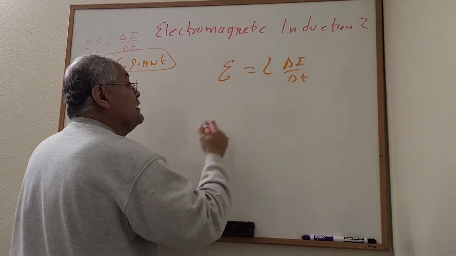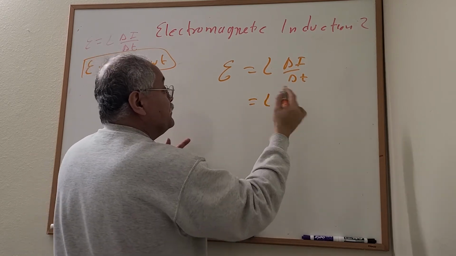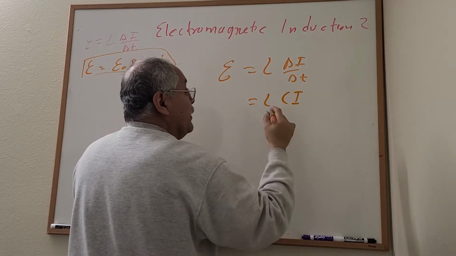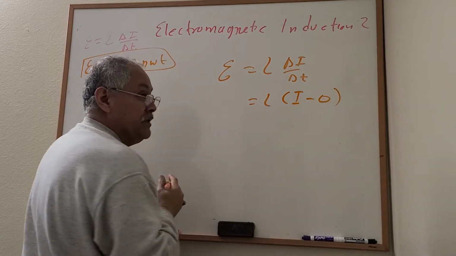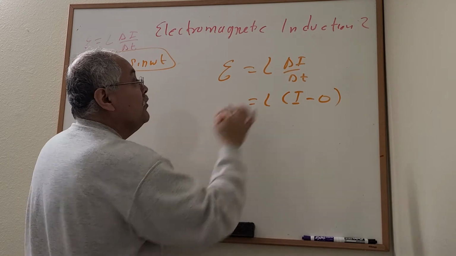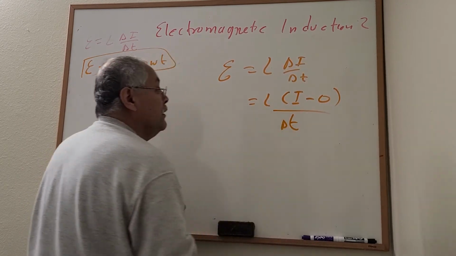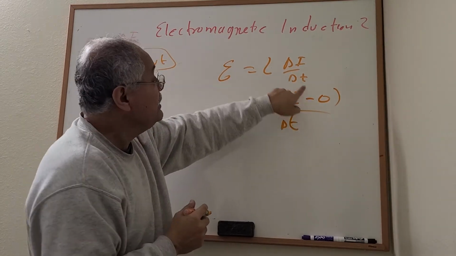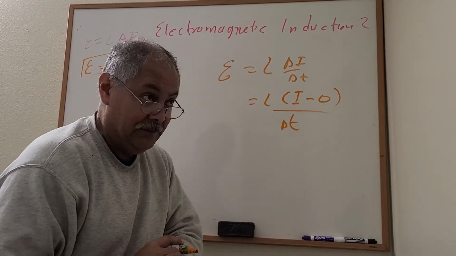Like in this case, this is equal to the current at the end minus the current at the beginning, which is 0 at the beginning, then we have the maximum current here for this delta I, divided by delta T. Instead of taking this final current, because it changes in time, let's take the average.